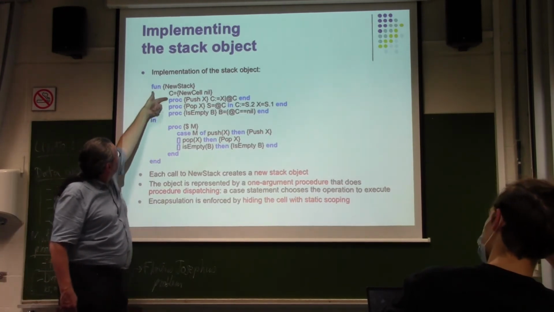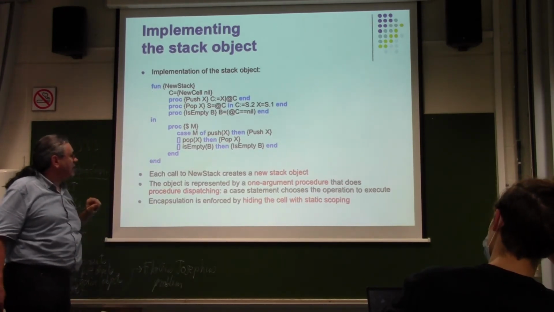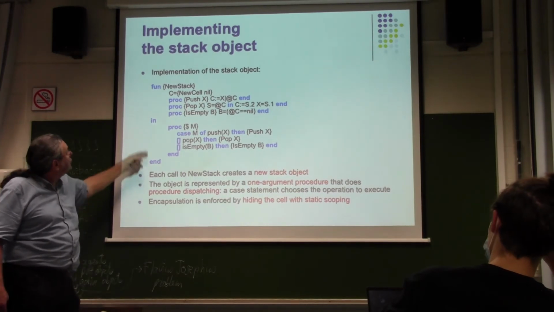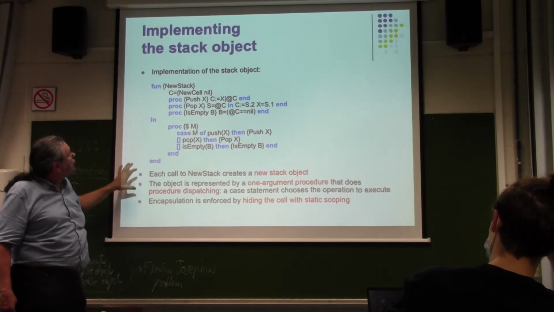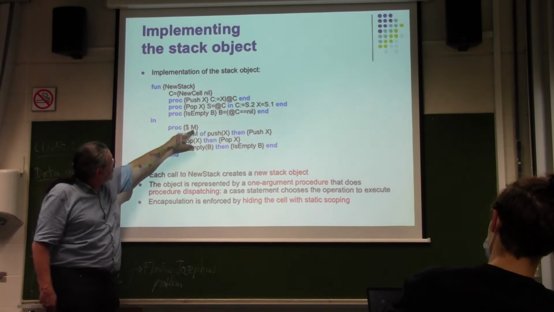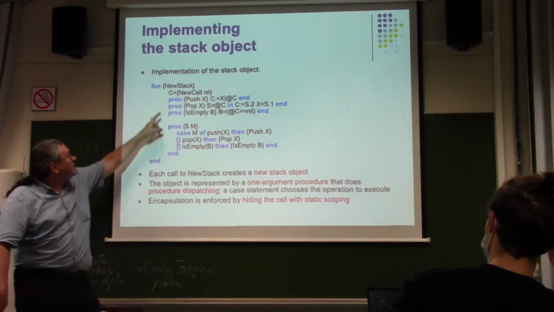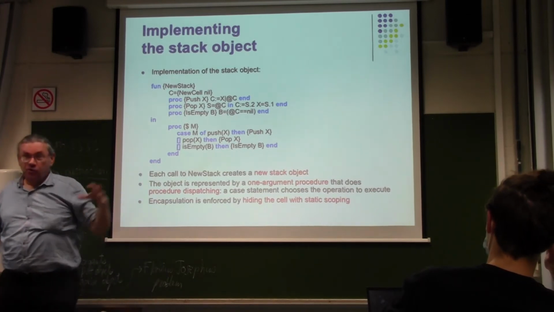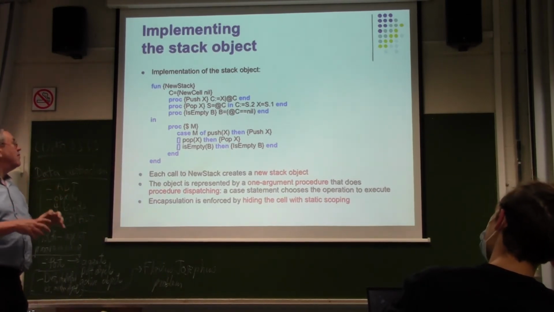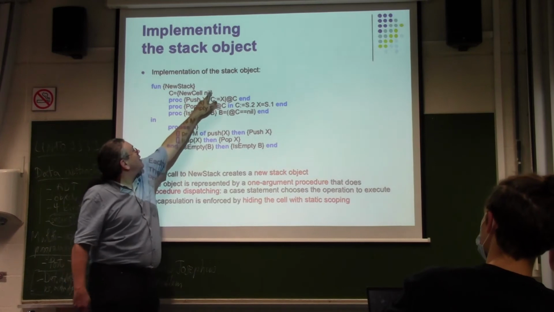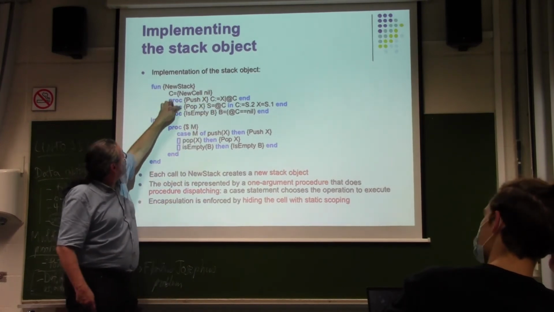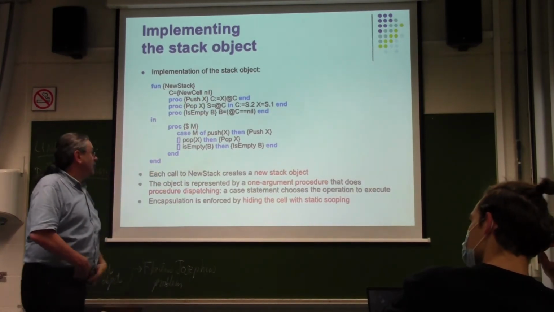So here I'm basically updating the state, okay? Each call to new stack will create a new stack object. You can see there's only one thing here, these one-argument procedures, and the operations are inside them. So here you've combined the value and the operations. The value here is this nil thing, and these three operations are combined together.